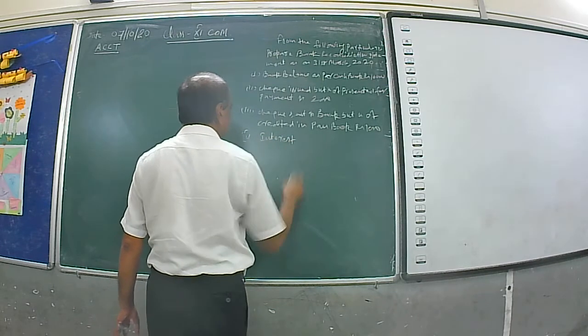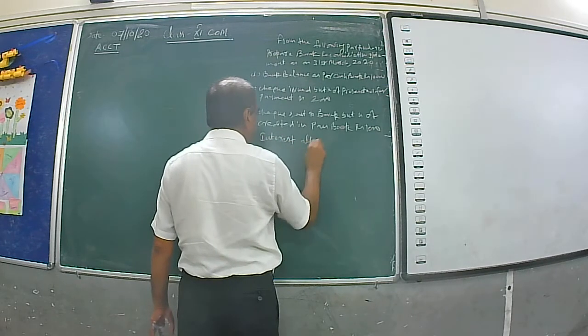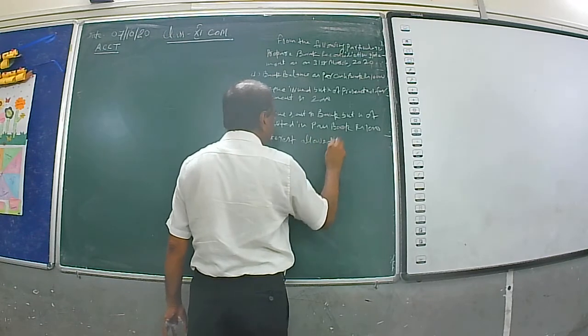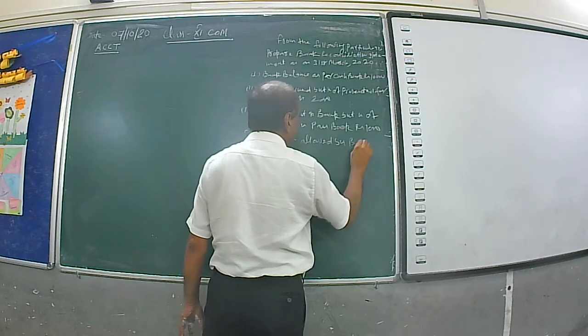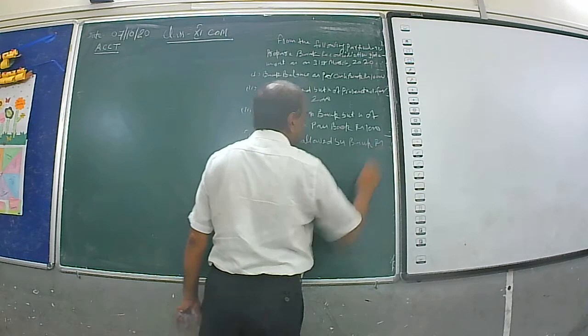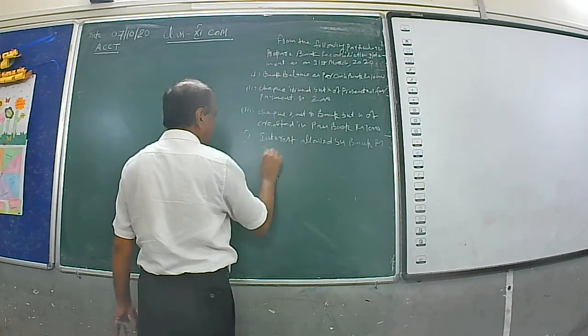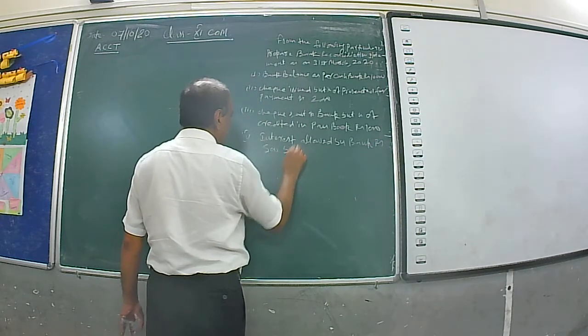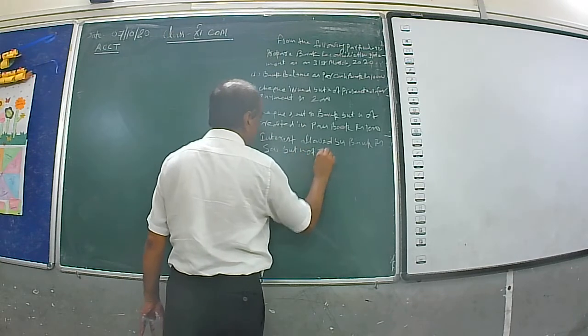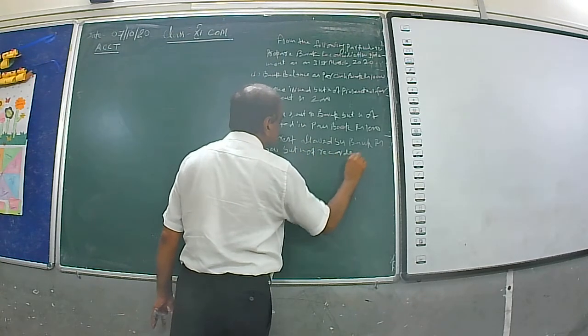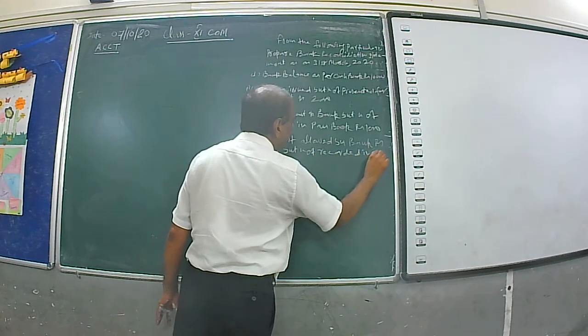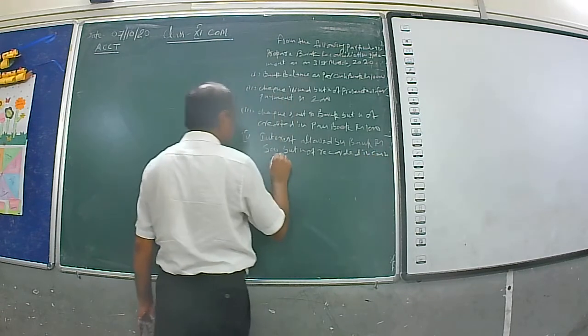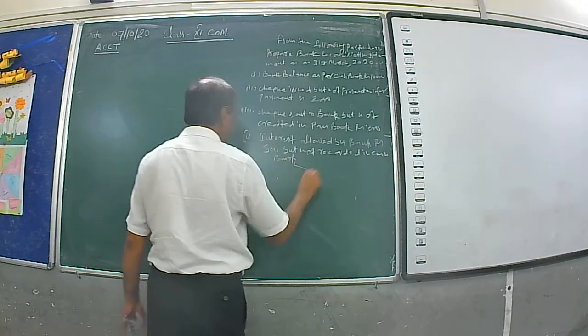Number 4, interest allowed by bank rupees 500 but not recorded in cash book.